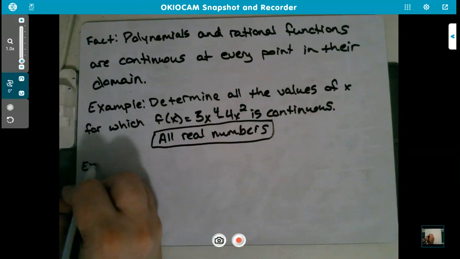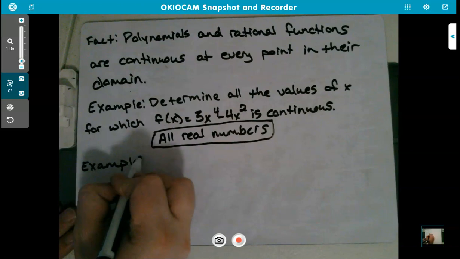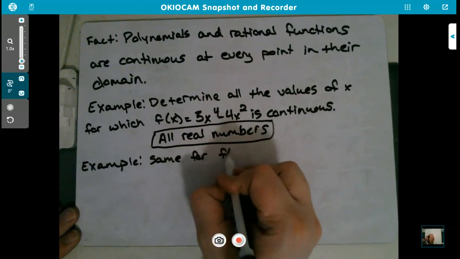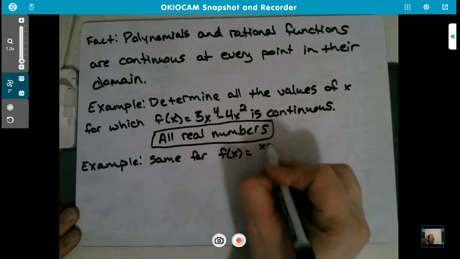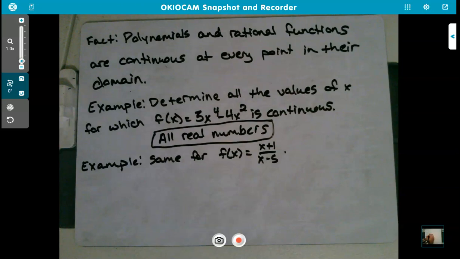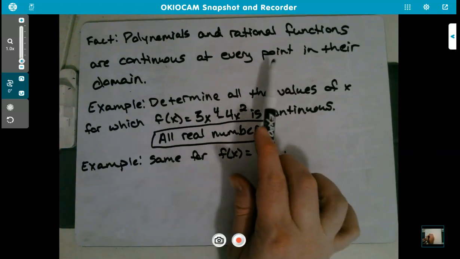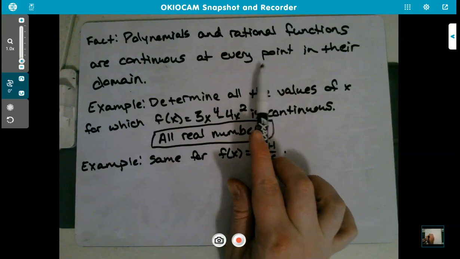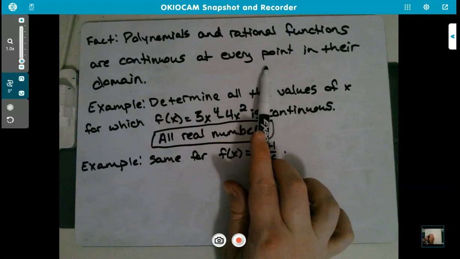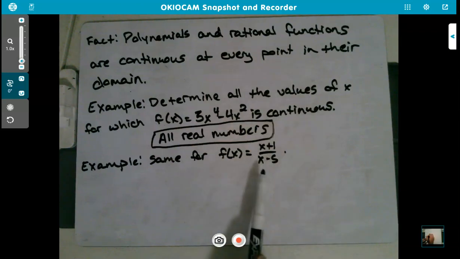Same question for this function. Let's do the same for the function f of x equals x plus 1 over x minus 5. We're going to do the same thing. So again, as I wrote down in my fact right here, as long as it's in the domain, we are good, right? So what they really want to know is what is in the domain.